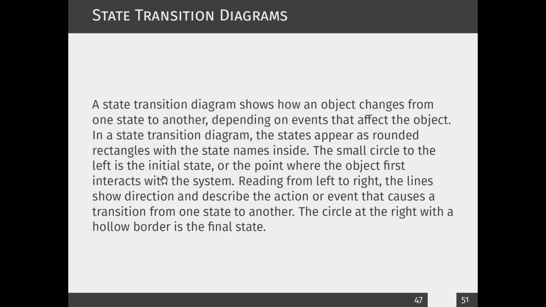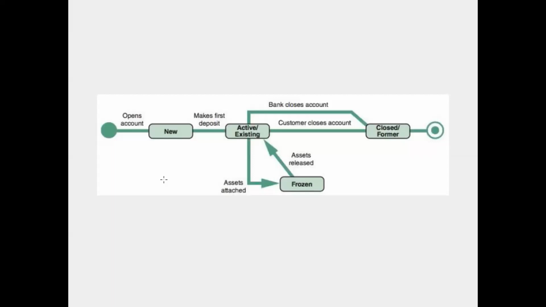Right. So for example, let's look at one example here, which is about different states for accounts. So when you open up an account, the account status will be new account. And then once you make a deposit to your account, it becomes an active account. Right. Now, an active account can become a closed account by the bank closing the account or the customer closing the account.